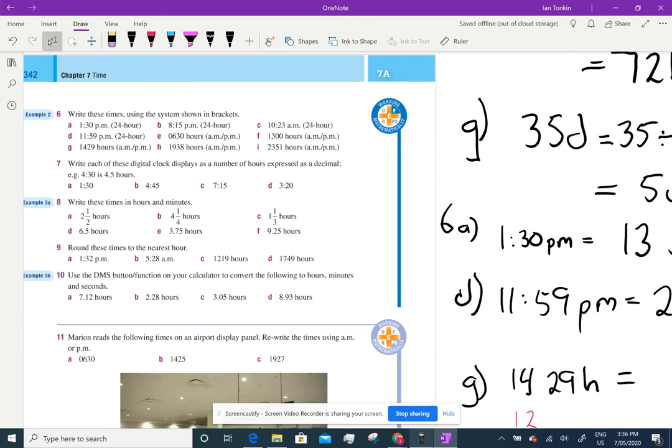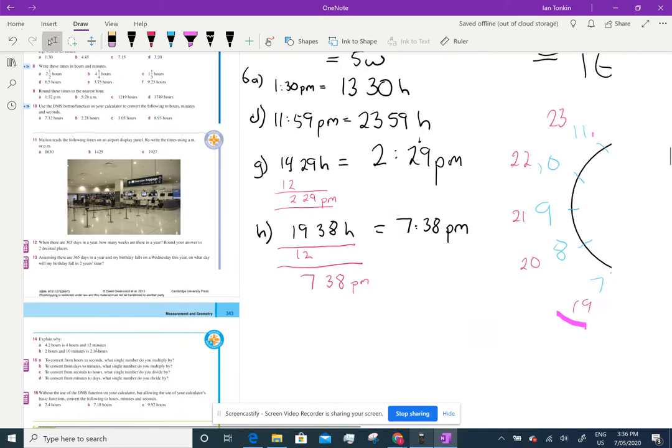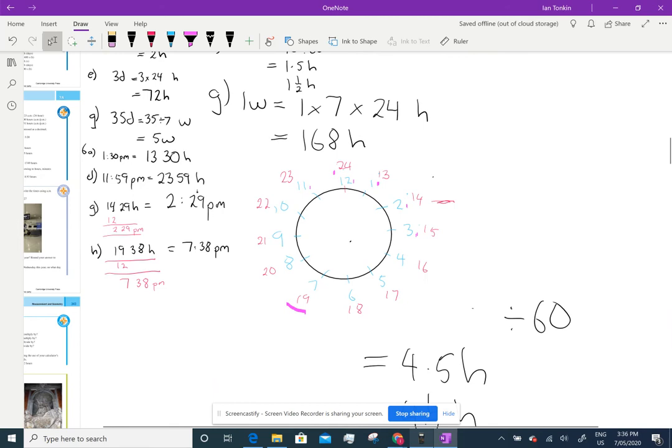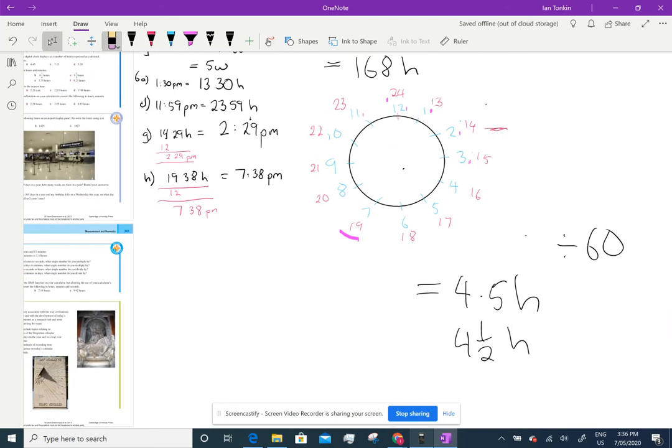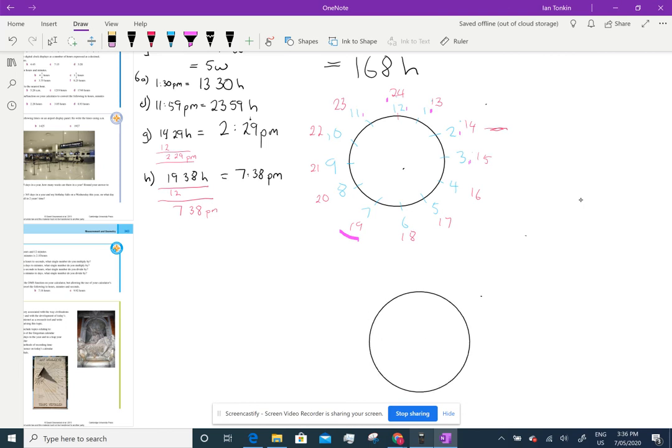All right. Question 7. How are you meant to do these? So you've got a digital clock display, and you've got to know, and I'm going to draw another clock here. You need to know what is a half, a quarter, a third even of a clock.